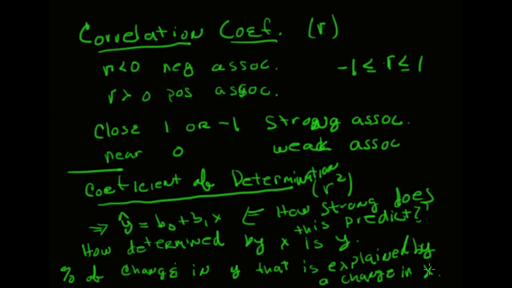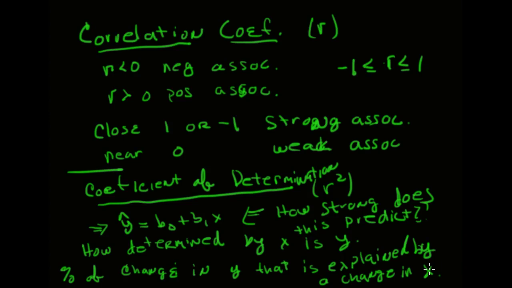If I'm down at 0.25, I would say 1/4 of the change in the y can be explained by the change in the x variable. 0 means these things are completely not correlated at all, right? Basically, you calculate this number the same way you do r.